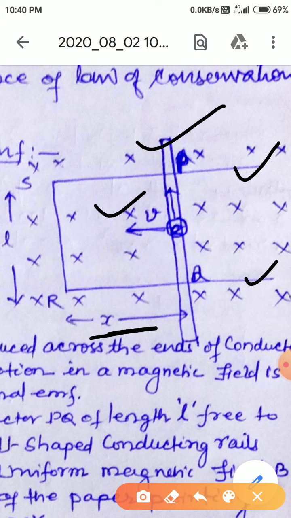Now when this arm PQ moves towards RS, the area of the closed circuit inside the magnetic field decreases, and this will decrease the magnetic flux linked with the coil, as a result of which an induced current is set up in the coil, whose direction is given by Lenz's law or by Fleming's right hand rule.